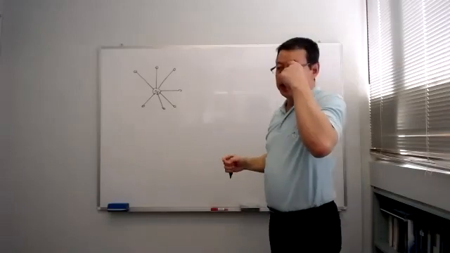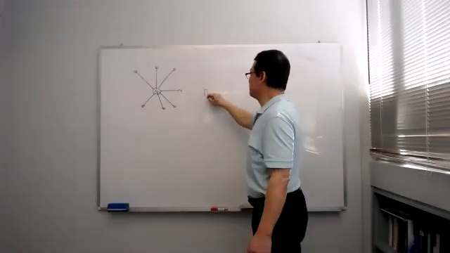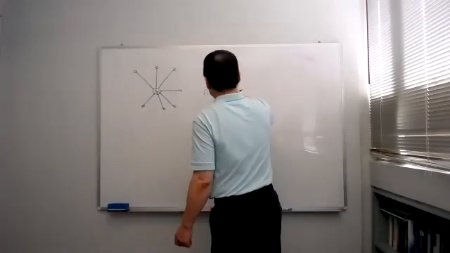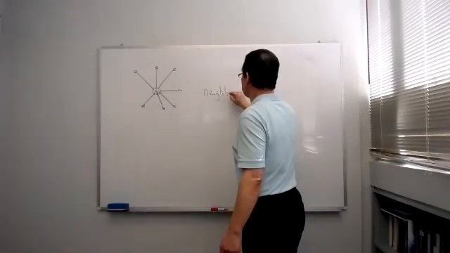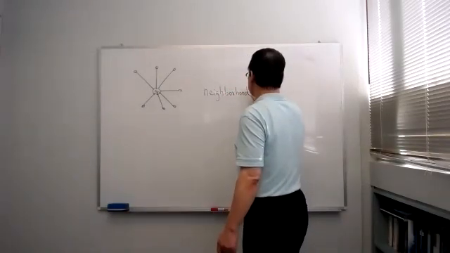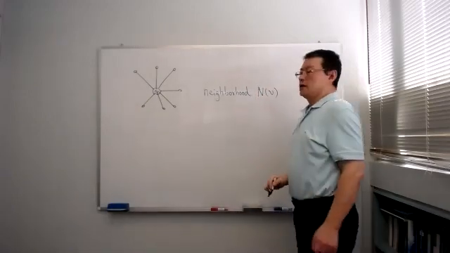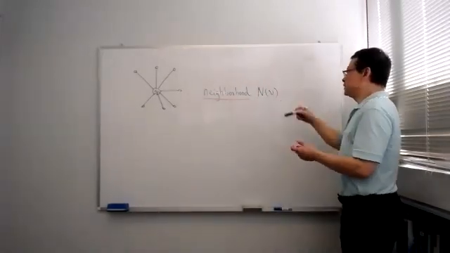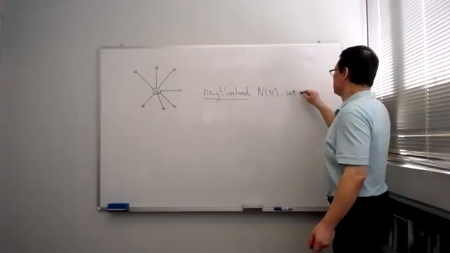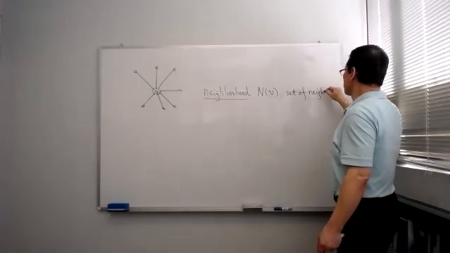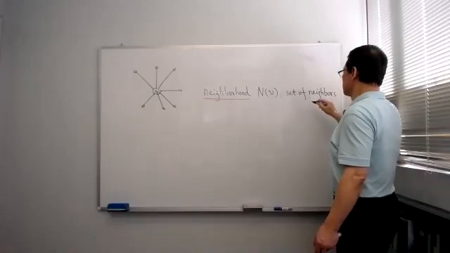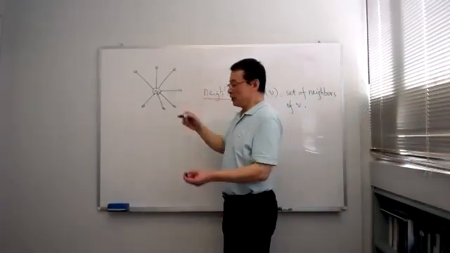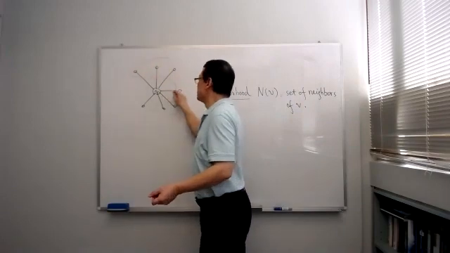Similar to digraphs, for a vertex, we can have its neighborhood. There's a set of neighbors. The neighborhood is a set of neighbors. Of course. So these are vertices adjacent to V. The neighborhood will contain these vertices.